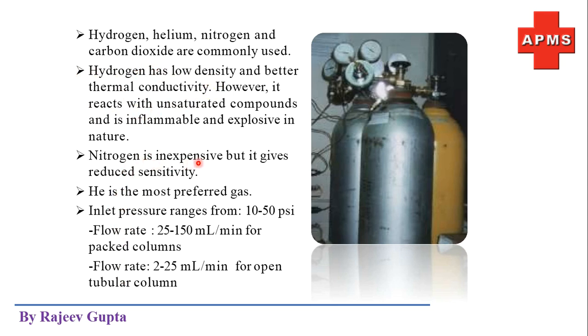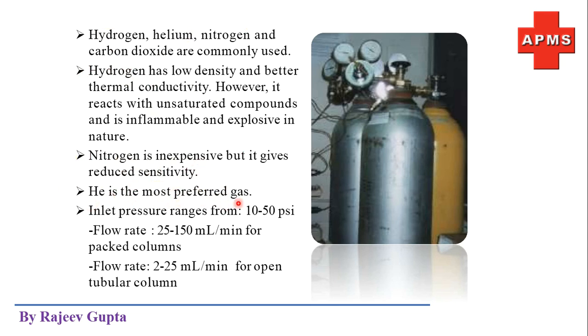Nitrogen is inexpensive, meaning it is a very low cost and cheap gas, but it gives reduced sensitivity. Nitrogen shows lesser thermal conductivity compared to hydrogen or helium, so it shows reduced sensitivity during detection.